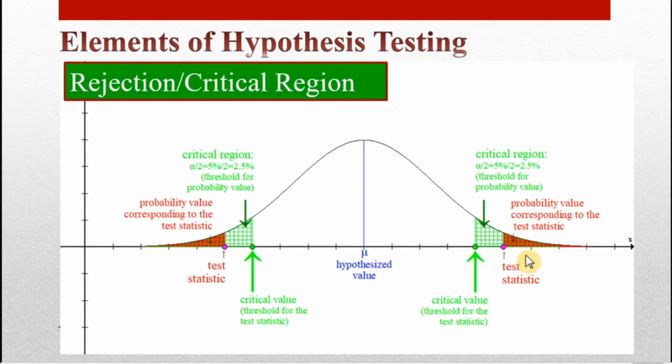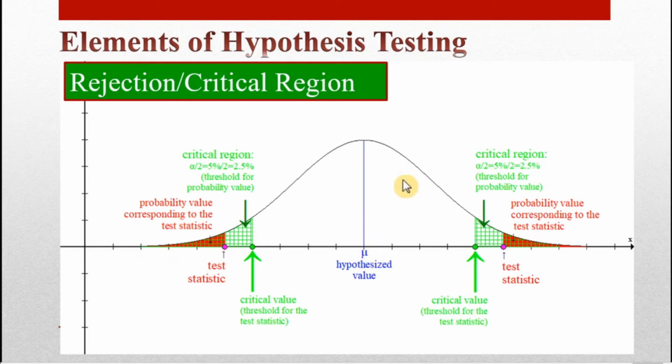This value here, the middlemost value mu, can be thought of as our hypothesized value to which we are trying to compare the test statistic.